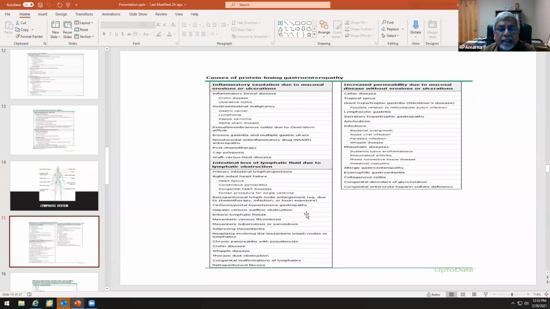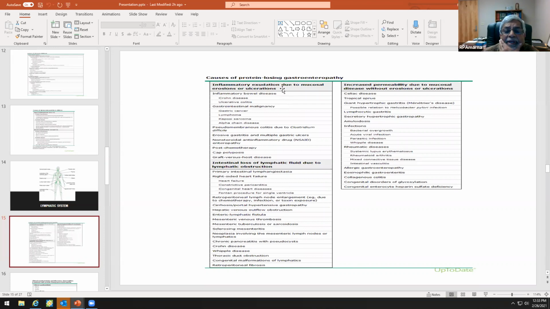So this slide gives you causes for protein losing enteropathy. This can be either inflammatory exudation or lymphatic obstruction, or due to increased permeability through the wall, due to either ulcerations or destruction of the mucosa.